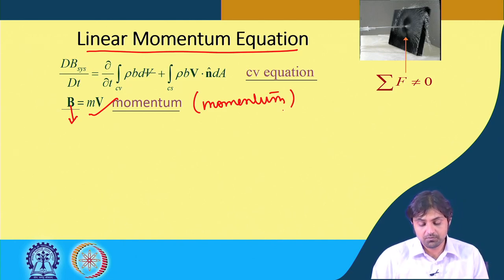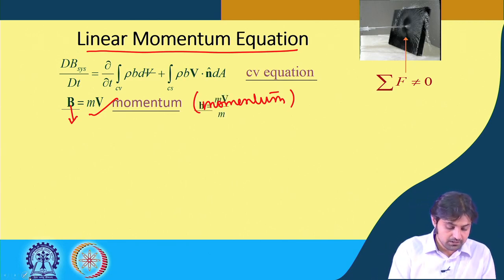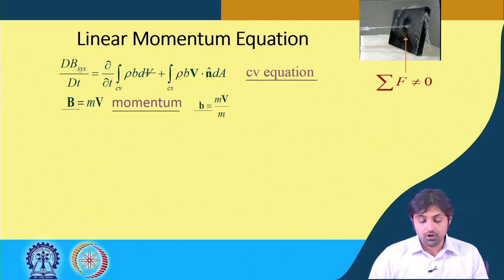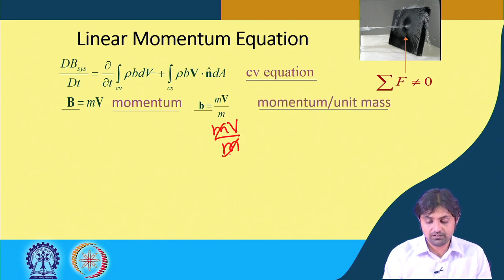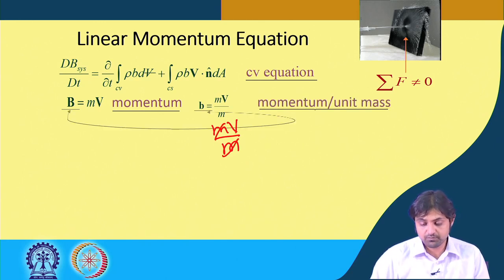In fluid or any type of mechanics, mass into velocity is momentum. Small b by definition is the property divided by mass, so it will be mv by m. The m cancels, so it is momentum per unit mass.